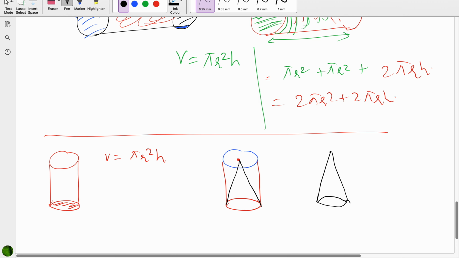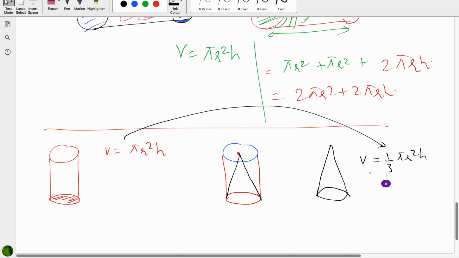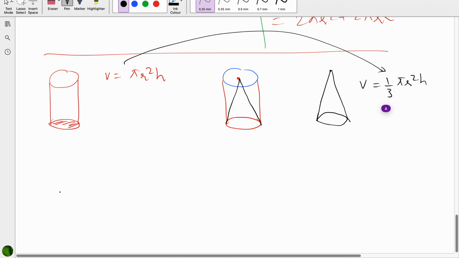Now, can you find any regular side? Is there any slice you can make that stays the same area? The only difference in this case is volume is equal to pi r square h, you just add this 1 by 3. Volume of this shape is length into breadth into height.